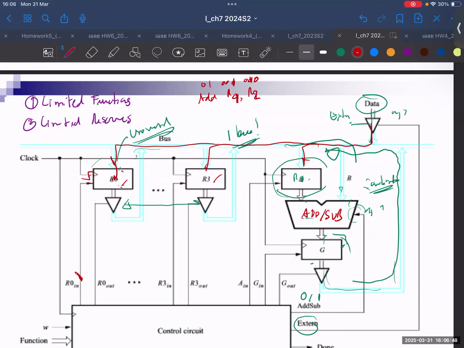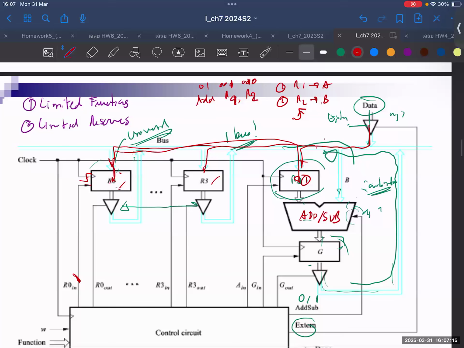Then what happened? It's the first step. You have to move R1 to A, right? Move R1 to A first. And then the second step, move R2 to B, to enter at B. Then what? Wait for the clock signals, right?